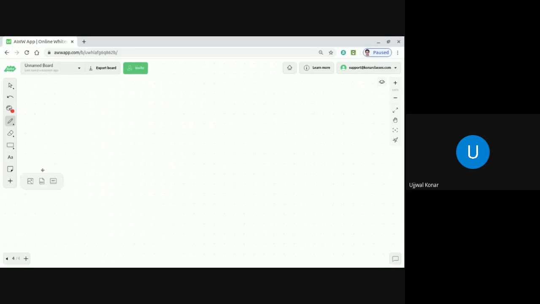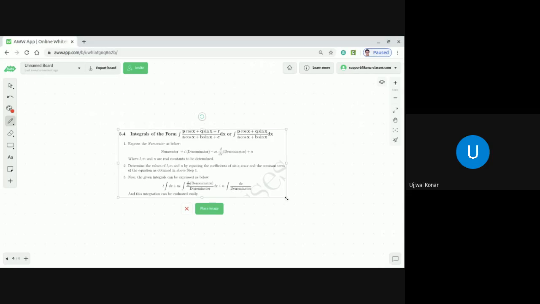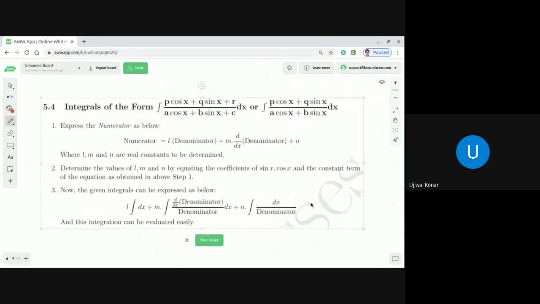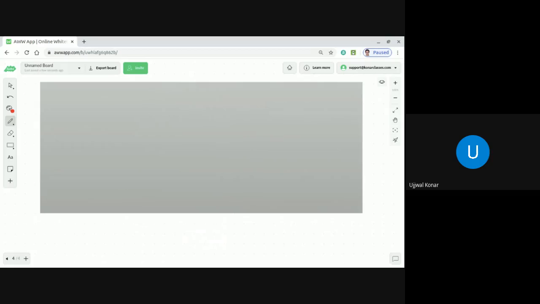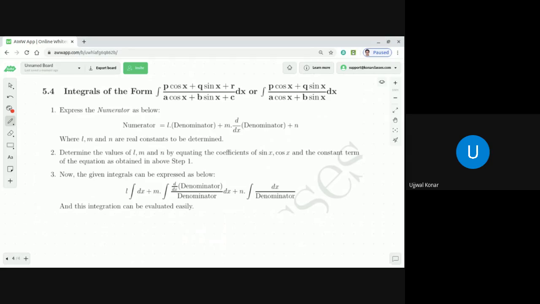So the fourth form, dear students, here it is. If you get integration of the form p cos x plus q sin x plus r divided by a cos x plus b sin x plus c dx, or p cos x plus q sin x by a cos x plus b sin x dx.